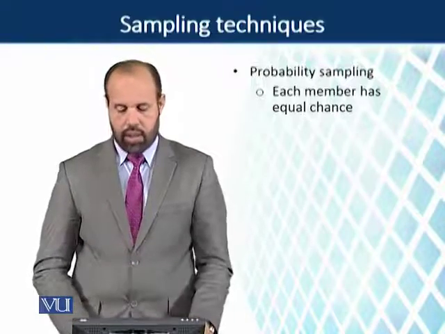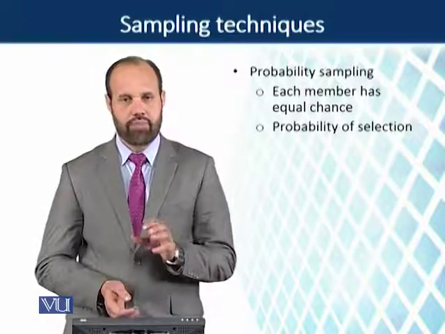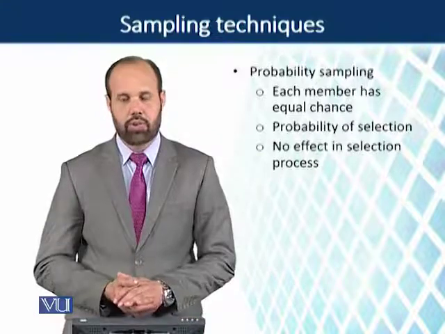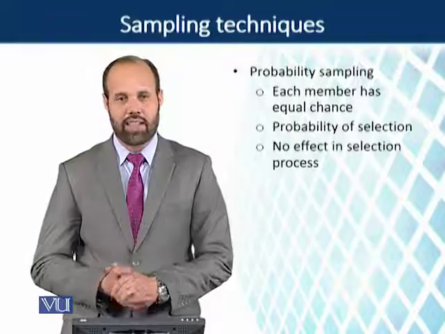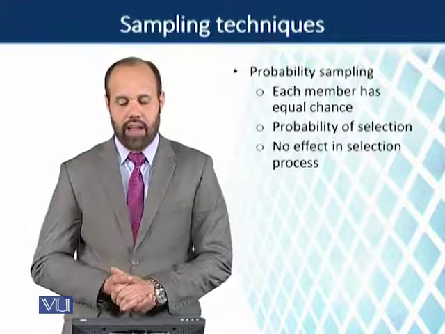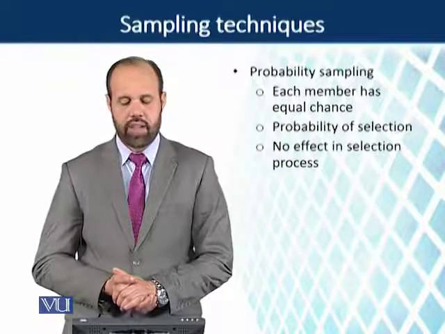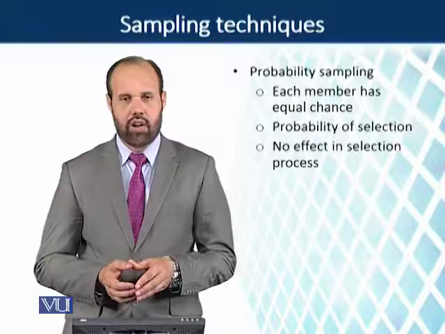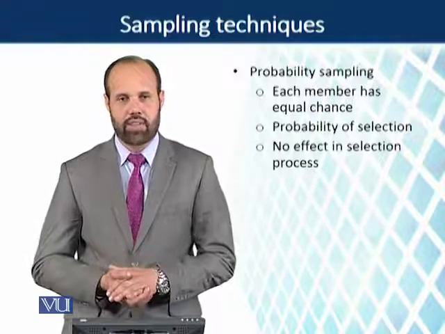Probability sampling is based on the selection and the chances of selection. So this chance of selection, that probability, is really important, okay? And another feature of probability sampling is that a sample does not have any influence in its selection process, right?